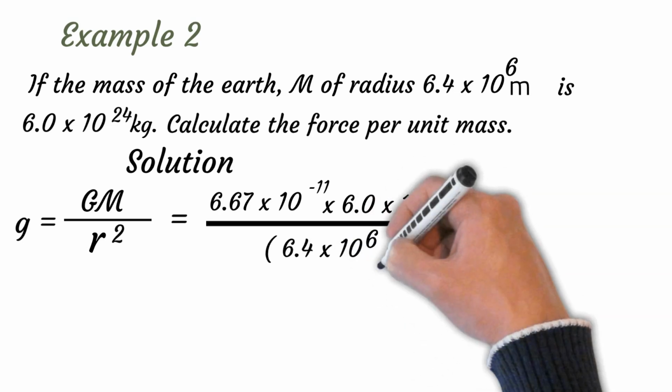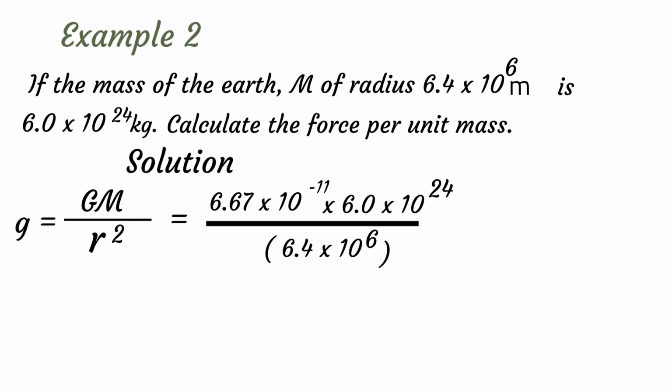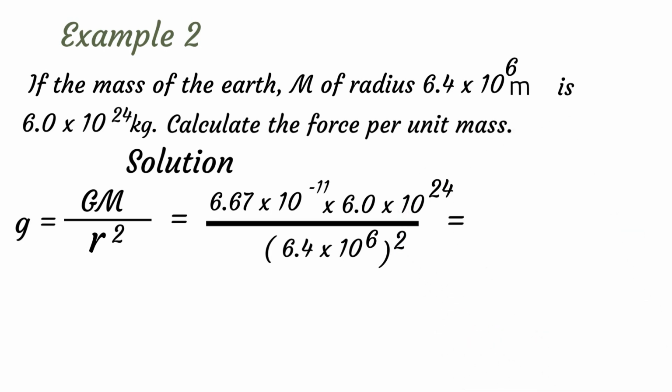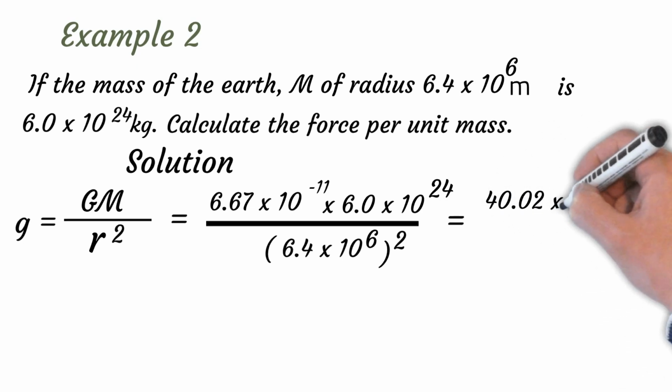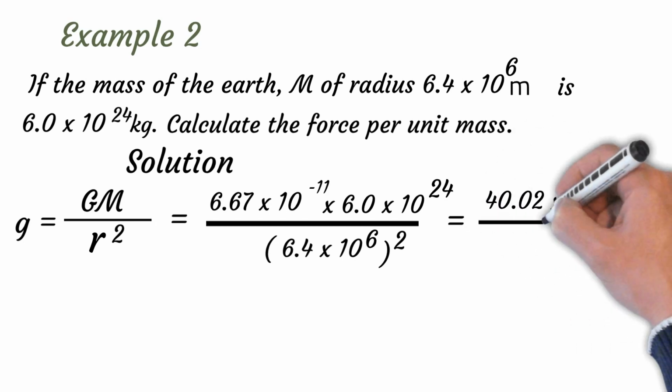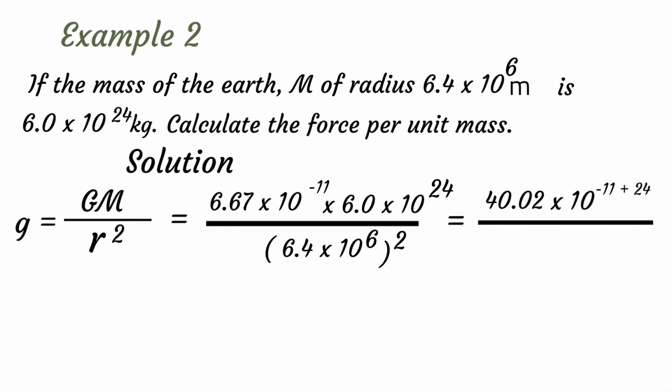Remember, it will be squared. Now, if we multiply 6.67 times 6.0, we're going to have 40.02 times 10 raised to the power, you add minus 11 plus 24. The powers are in the numerator, all over 6.4 squared at the denominator.